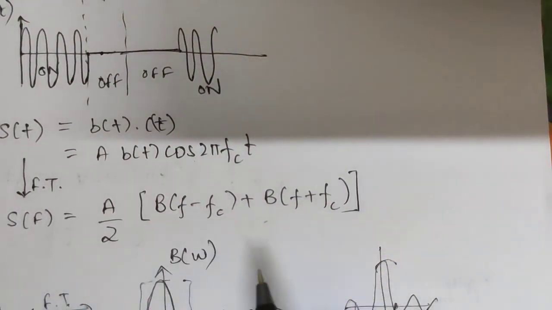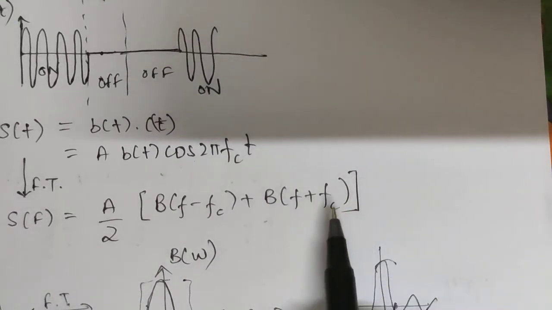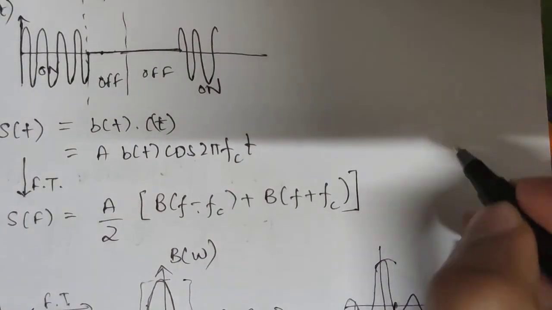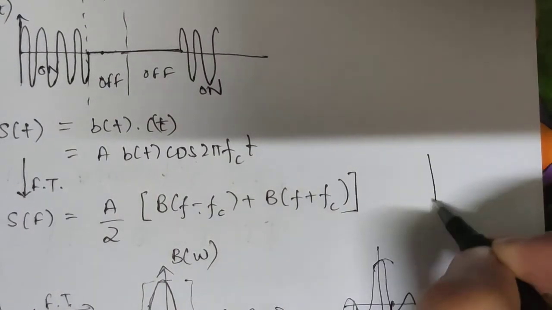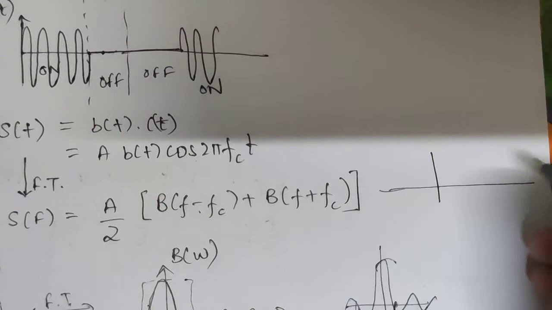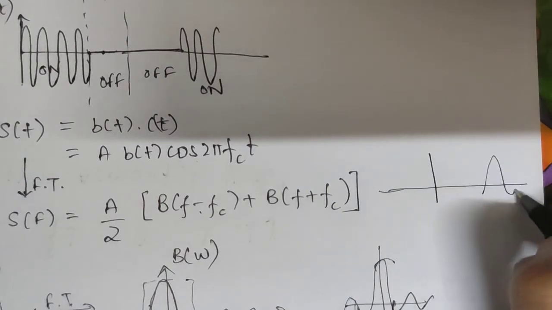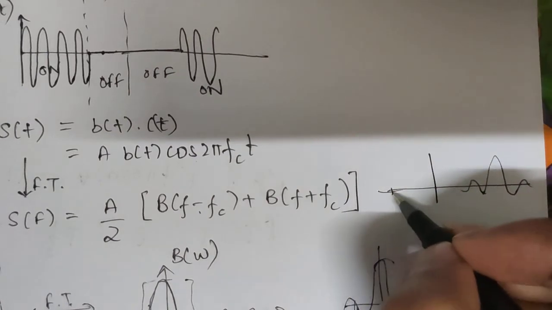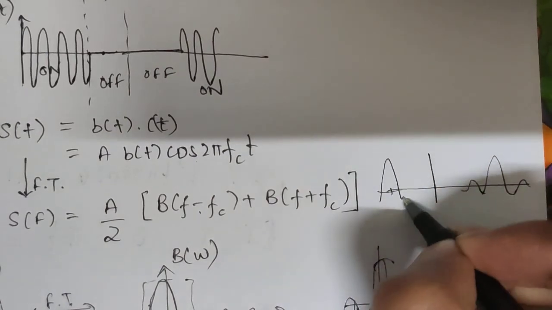This shows that the sinc pulse we will get will be in two regions, one at plus fc and the other one at minus fc. If I draw it here, then minus fc will be here, it will delay, and plus fc will be here, it will advance.